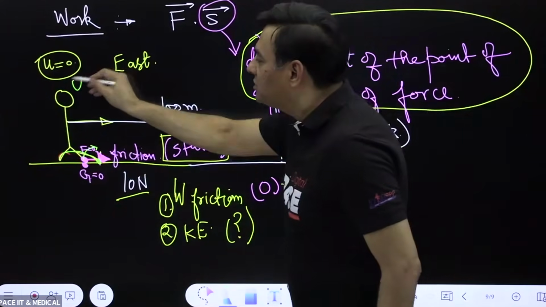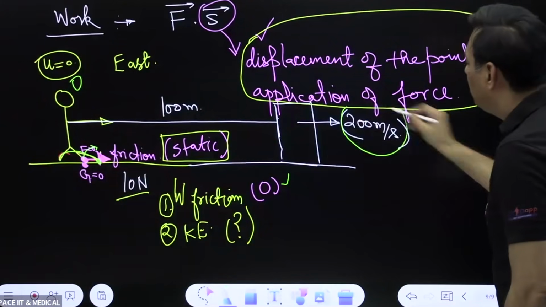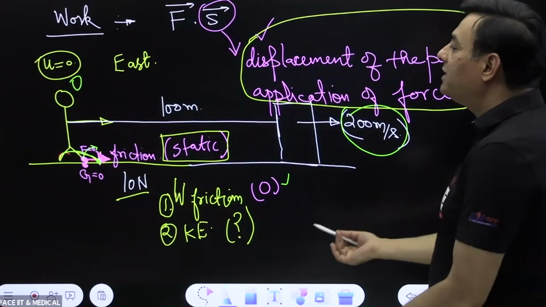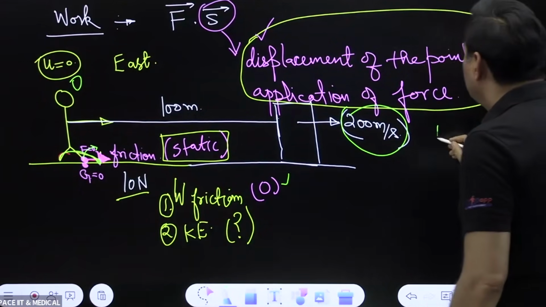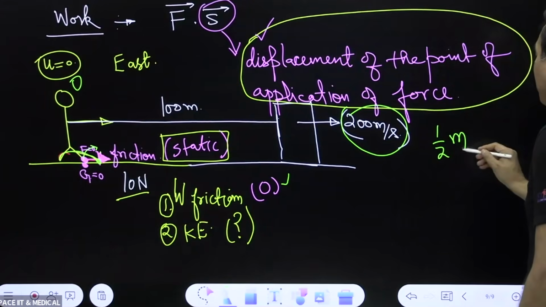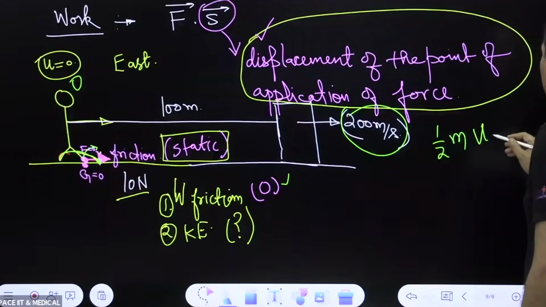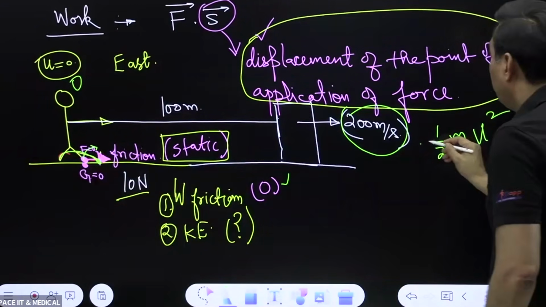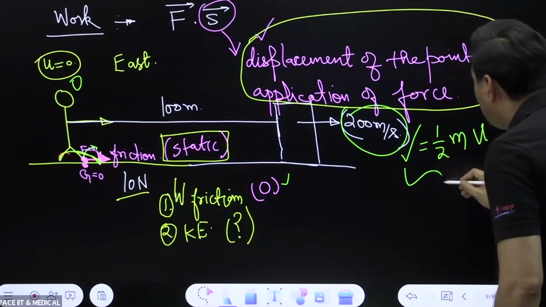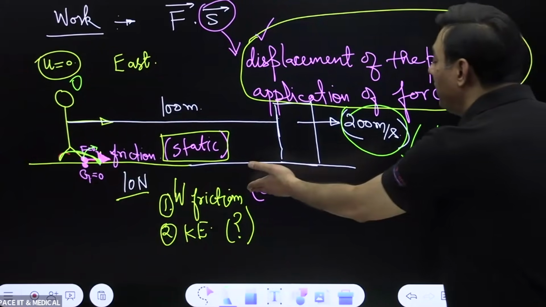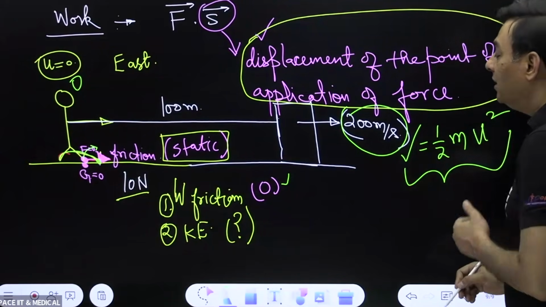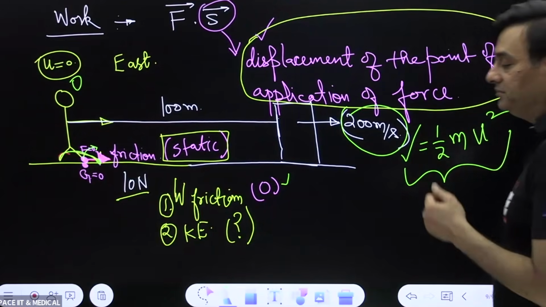Yes. Initially, velocity was 0. Finally, velocity is 200 meter per second. So obviously, there is a change in kinetic energy, and that is half mv square, mass of the man, into 200 square. But where did this energy come from? Friction didn't do any work on the man. Where did this energy come from?